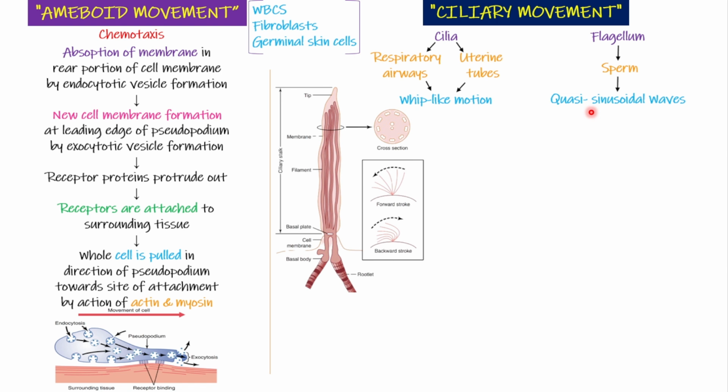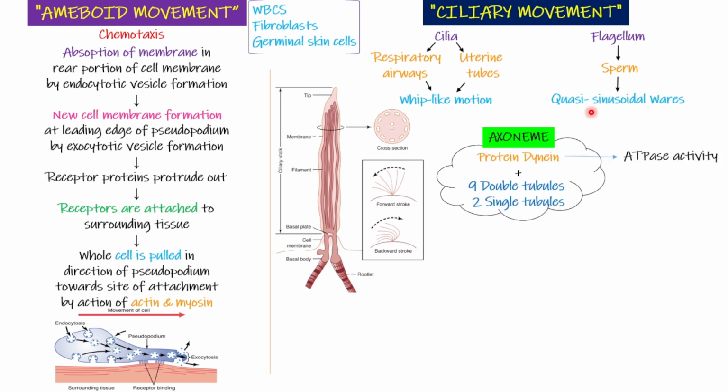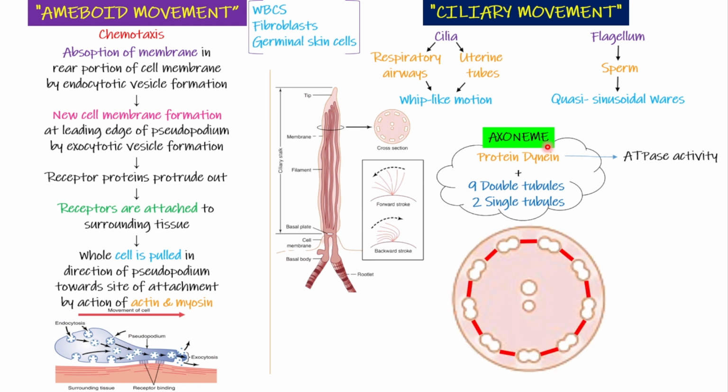Okay, now let's get back in detail to the structure of the cilia. Now what exactly is axoneme? Axoneme is the combination of 9 double tubules, these ones, and 2 single tubules, these ones, along with the protein dynein, which has ATPase activity, the red one, between the 9 double tubules.